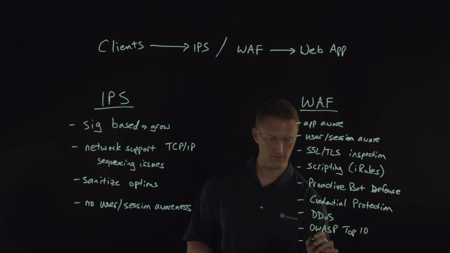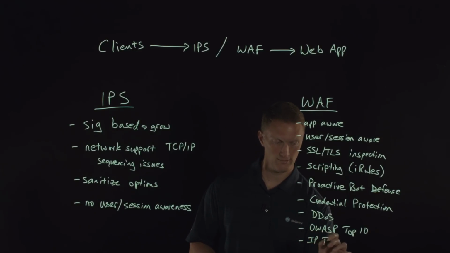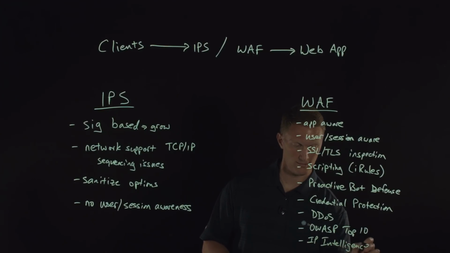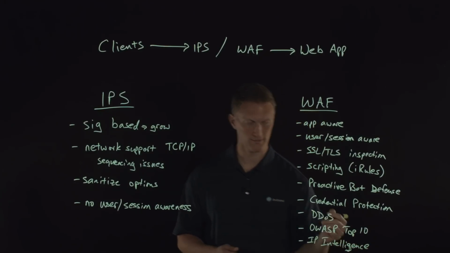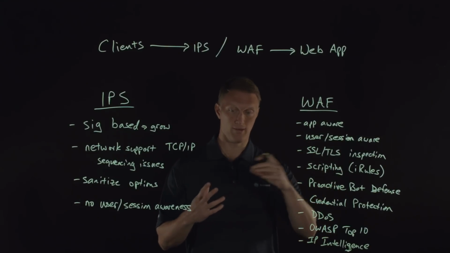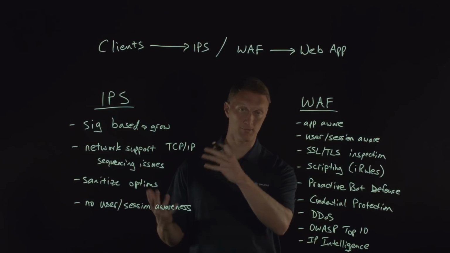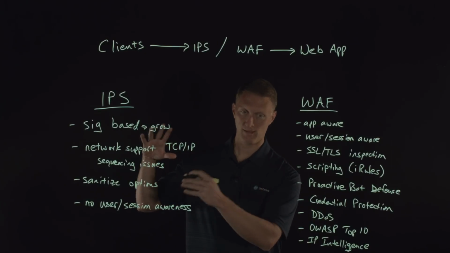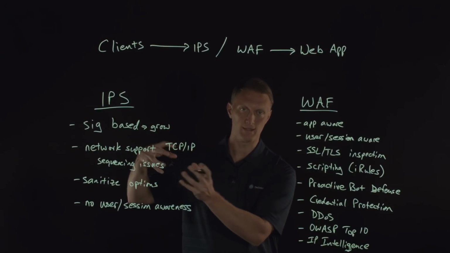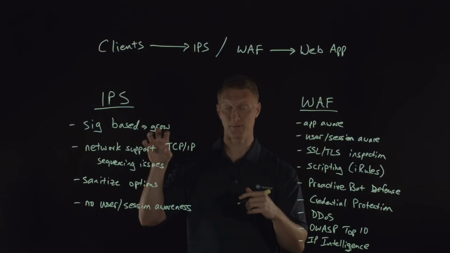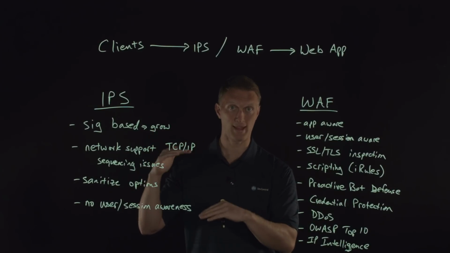The last thing I'll list is IP intelligence. And this is really cool. This is something that our F5 Advanced WAF has. We have this feature where we can tell if a specific IP address is malicious or not, based on some of the services that we can link to, other security providers that could say, hey, this specific IP address is a known bad actor.